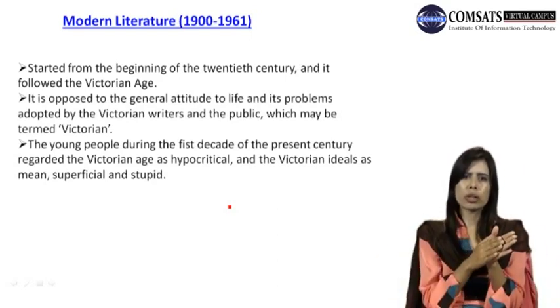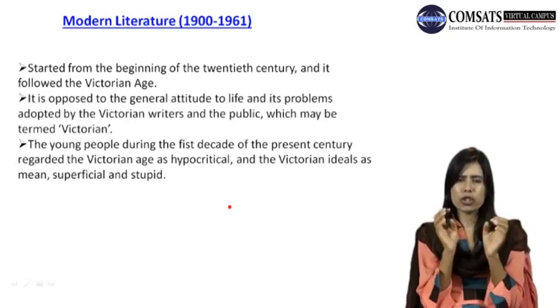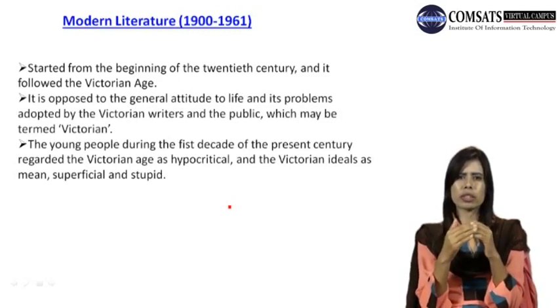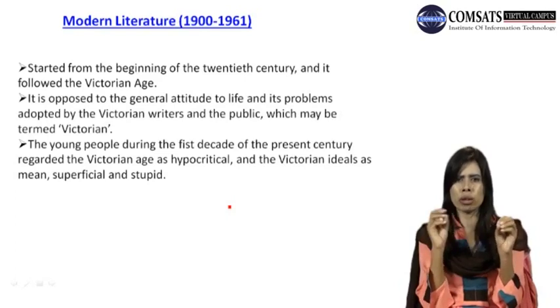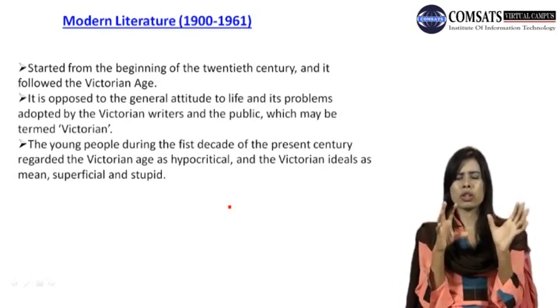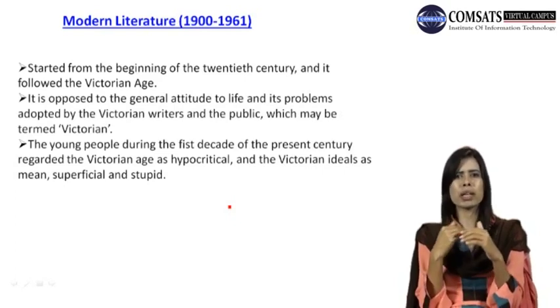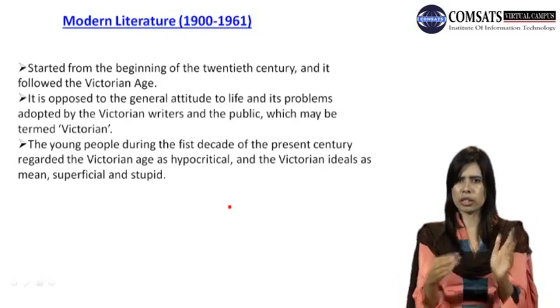You can see how modern literature took its place by rejecting the Victorian mentality. That is why this literature is different, and why we have given them different names like the Victorian Age or the modern age. We will see how modern literature rejected the typical mentality of the Victorian poets and writers.